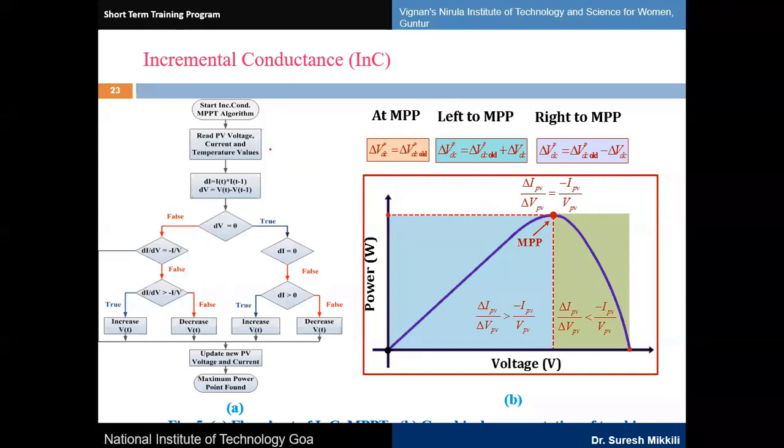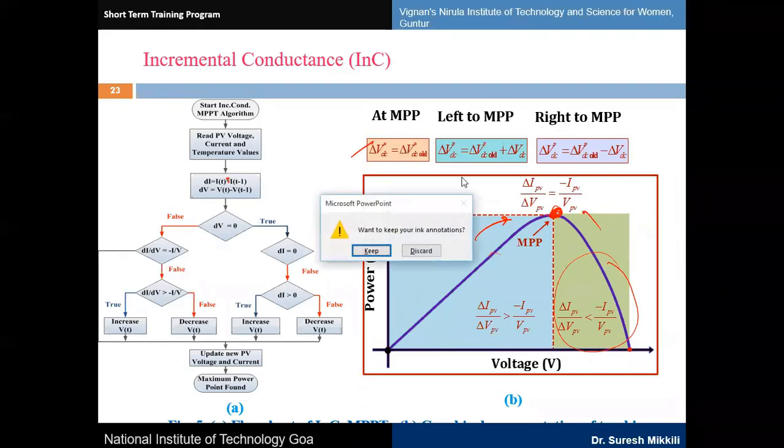Read the values, dI calculation, dV calculation. When dV equal to 0, dI is equal to 0, then just update the values. If delta I by delta V is greater than minus I by V, it will be in this region. Less than is in this region, and equal is the maximum. We will try to track it to maximum.